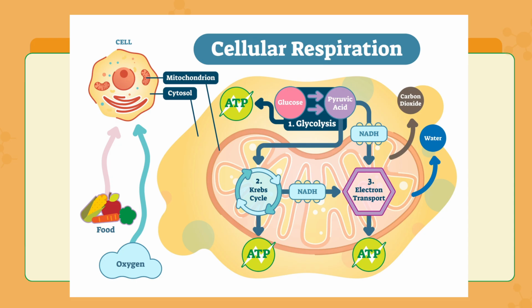Alright, first we go through glycolysis. Glycolysis occurs in the cytosol. In the first phase, it breaks down one molecule of glucose, a six-carbon sugar, into two pyruvate, and produces a little bit of ATP.